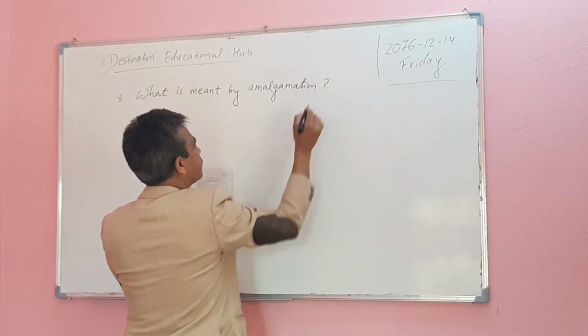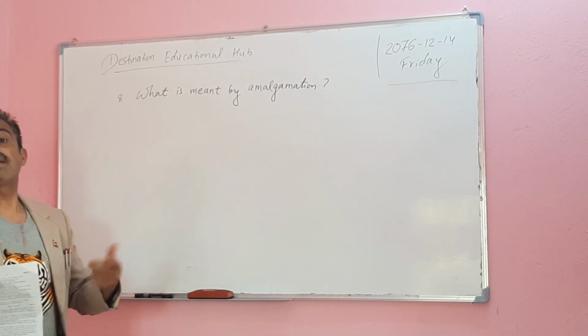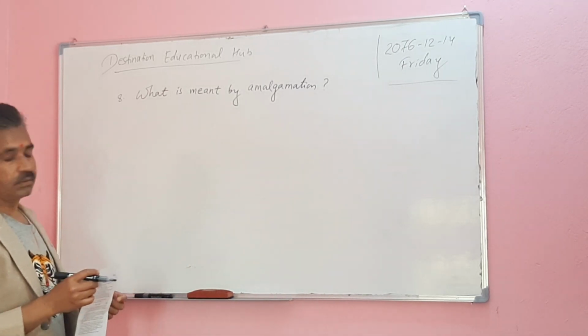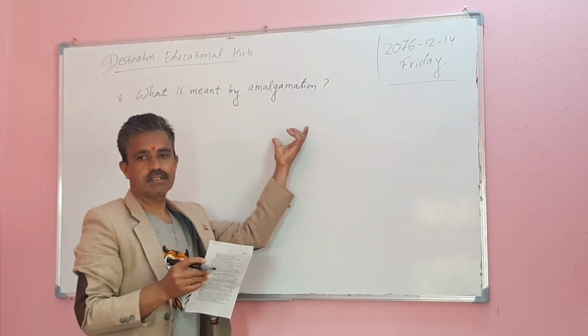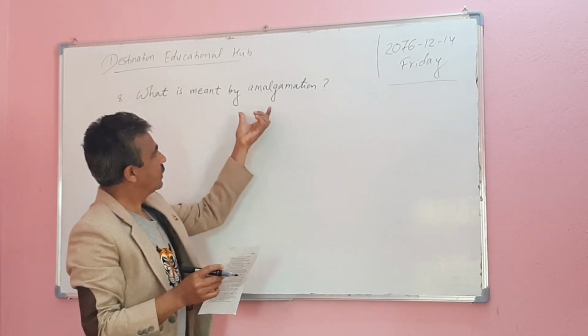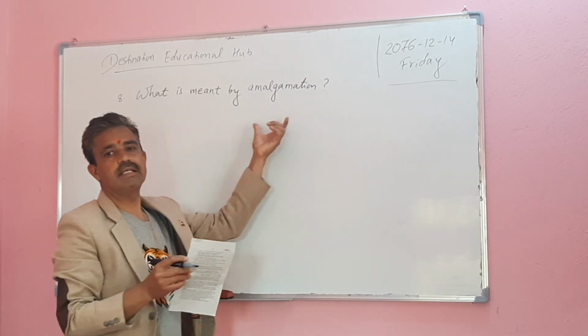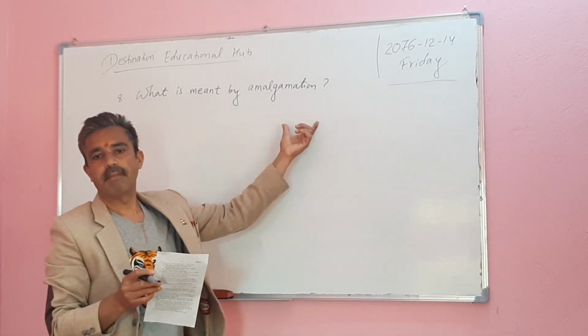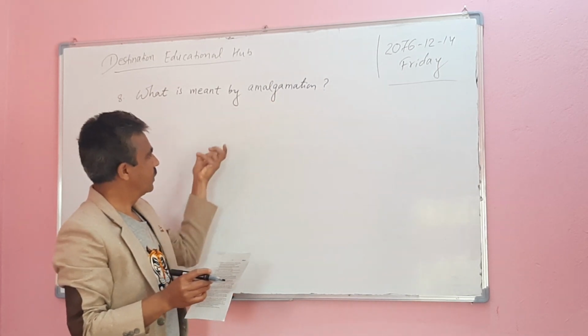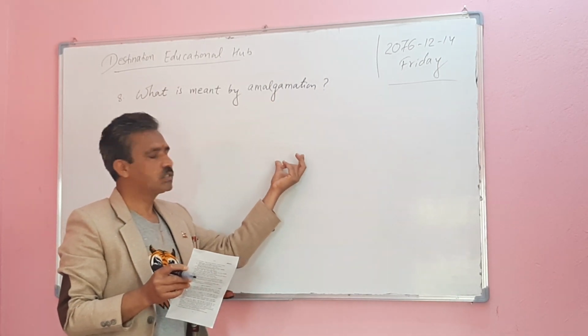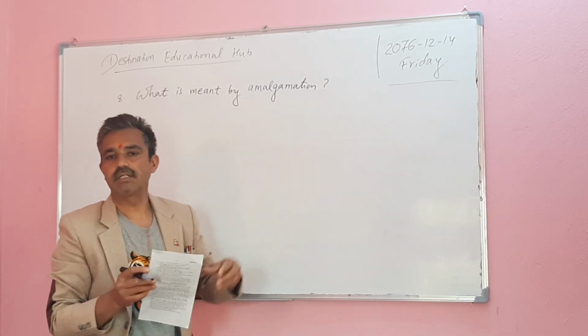What is meant by amalgamation? Do you know? Okay. Amalgamation is the process in which mercury is mixed with other metals. So, by the process of amalgamation, mercury is mixed with some metals and a new mixture is formed, right?